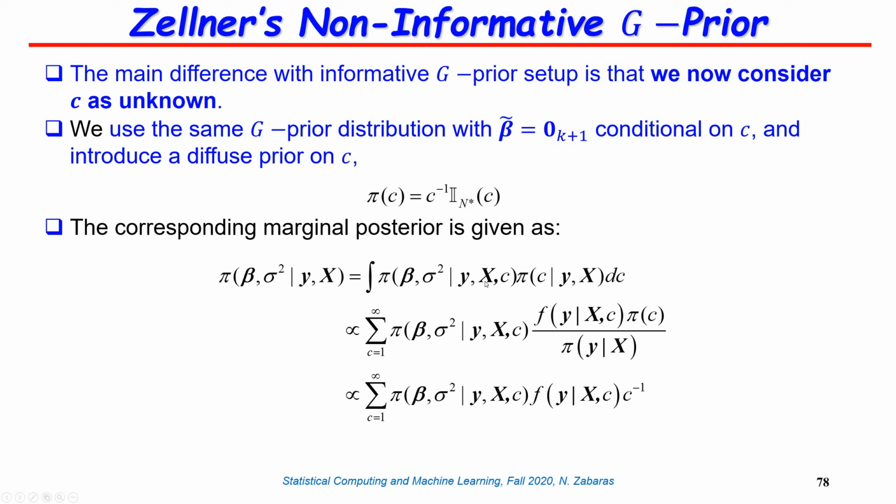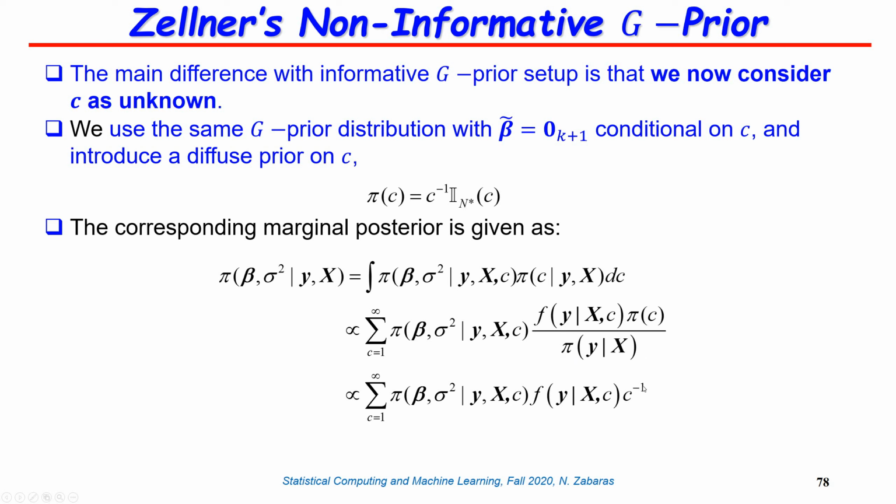So I have this posterior conditioned on C times the posterior on C, and I write the posterior on C as the marginal likelihood given C times the prior divided by a normalization factor.